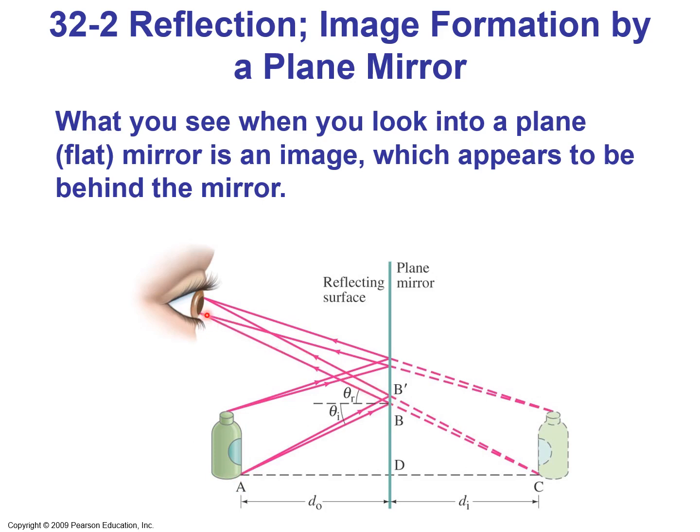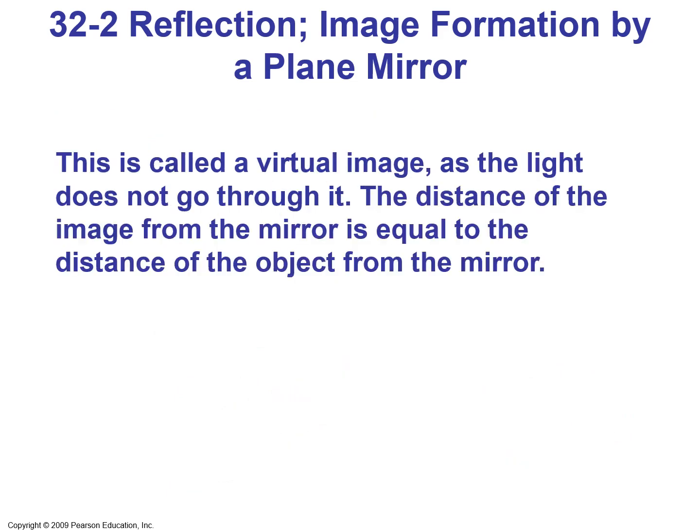But what our eye is seeing is actually the extension of these rays of light into the mirror, represented with a dashed line, and it looks as if the object is inside the mirror. But that is the image of the object in the mirror. This is called a virtual image, as the light does not go through it. The distance of the image from the mirror is equal to the distance of the object from the mirror.